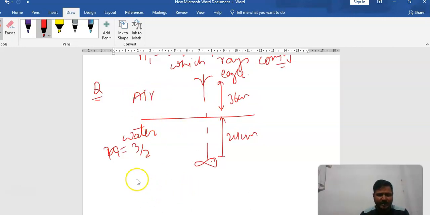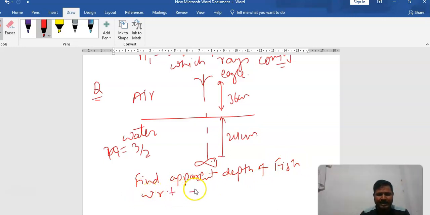What is the question? Find the apparent depth of the fish with respect to the eagle, for the eagle.